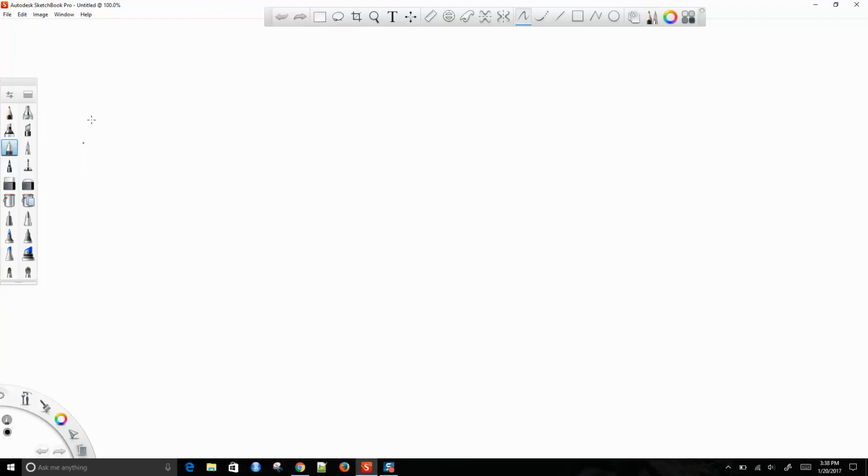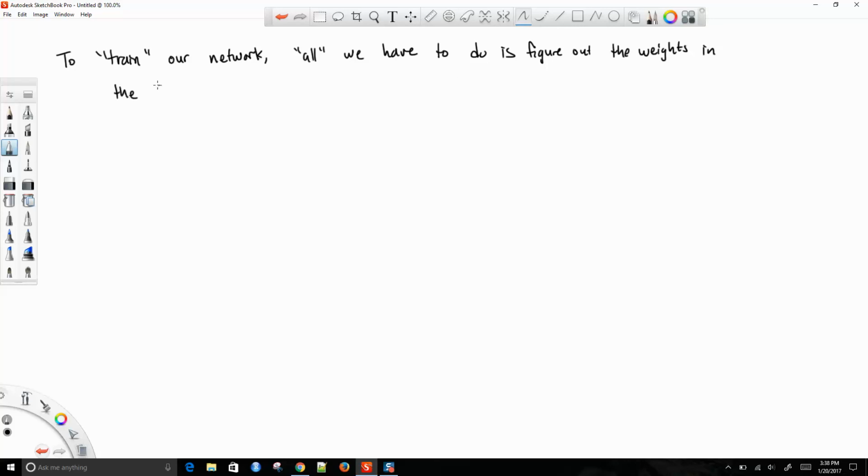So to train our network, all we have to do is figure out the weights in the 2 weight matrices: W1, a 2 by 3 matrix, and W2, which is a 3 by 1 matrix.